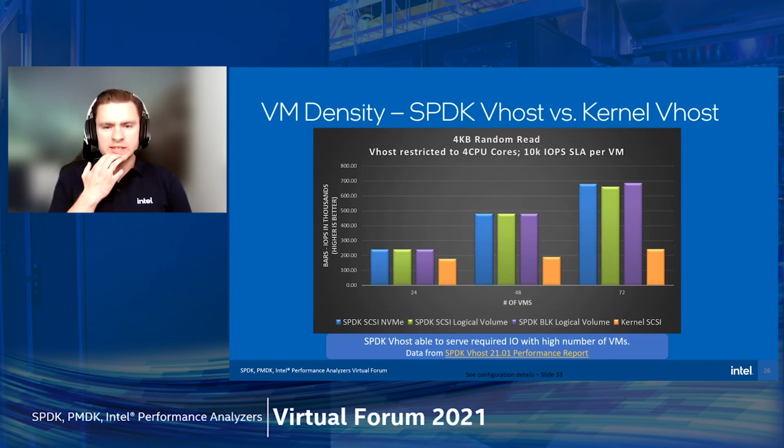And we run up to 72 of those virtual systems and attach them to the vhost process. For all the test cases, the SPDK stacks were able to meet the expectations, while with just 4 CPU cores, the kernel SCSI counterpart was not able to sustain the given SLA of 10,000 IOPS.